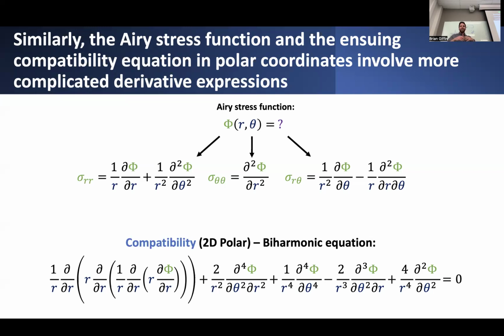And we can come up with proposed solutions for problems defined in terms of a polar coordinate frame and come up with the resulting expressions for components of stress, the RR, theta theta, and R theta components of stress defined in polar coordinates, as also partial derivatives of this Airy stress function.